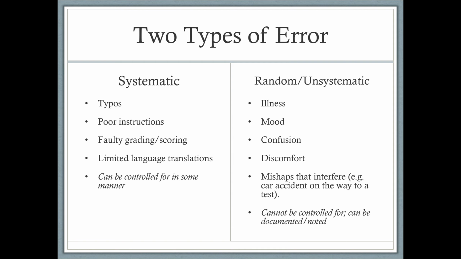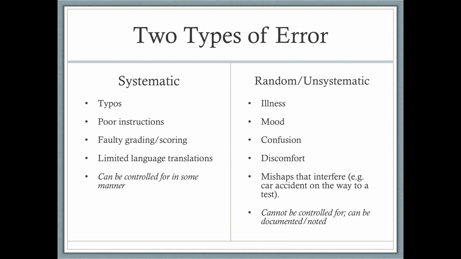Language translations, right? Maybe you're working with a client whose native language the test is not in. But for all of these, it can be controlled for. Typos, I can fix. Poor instructions, like maybe I wrote a question that was really funky, it didn't make any sense.